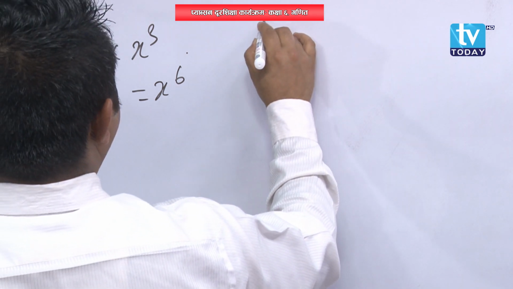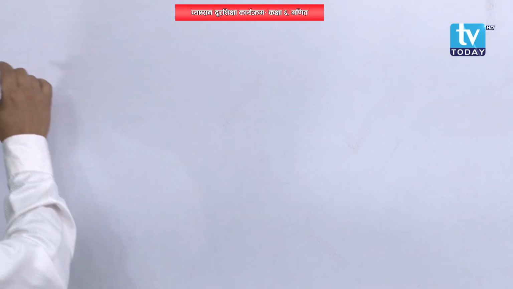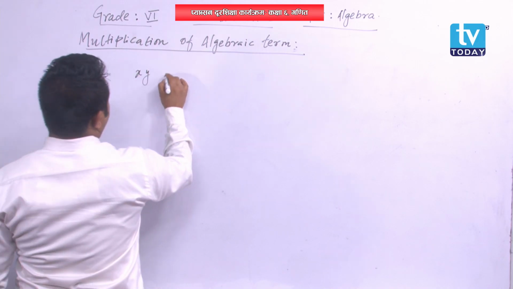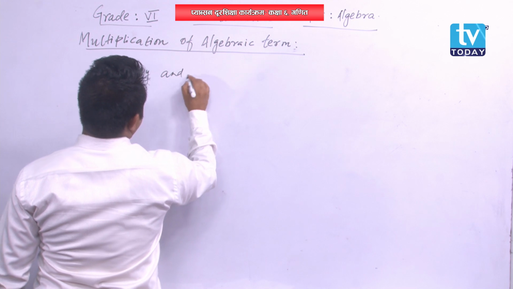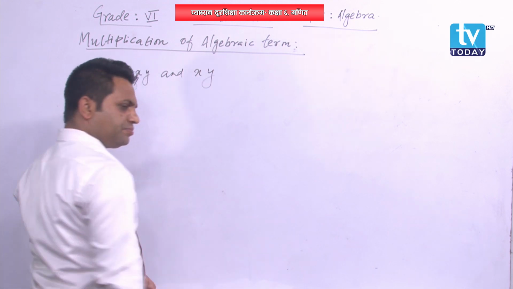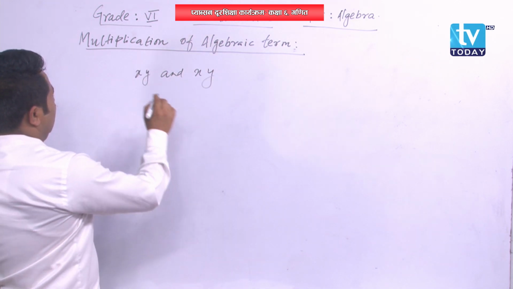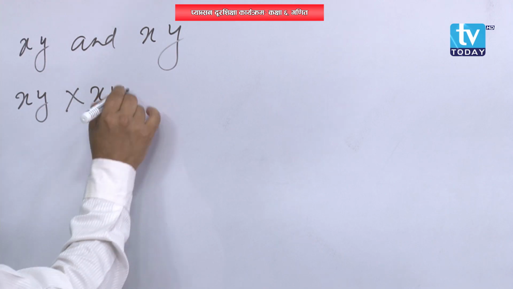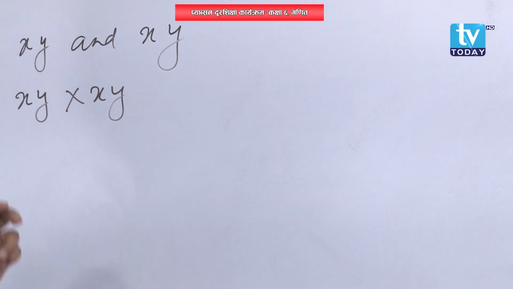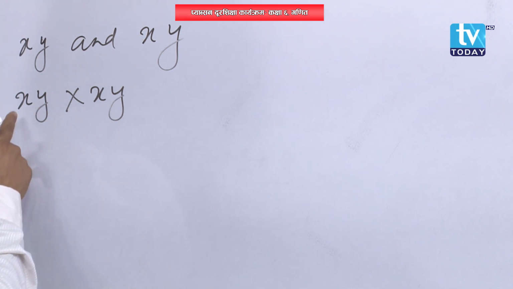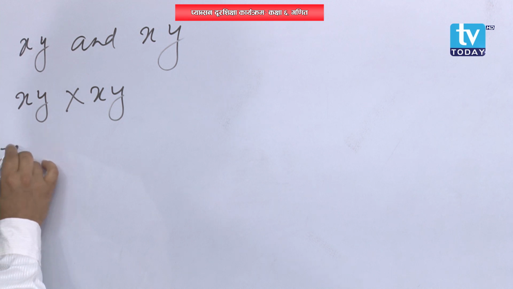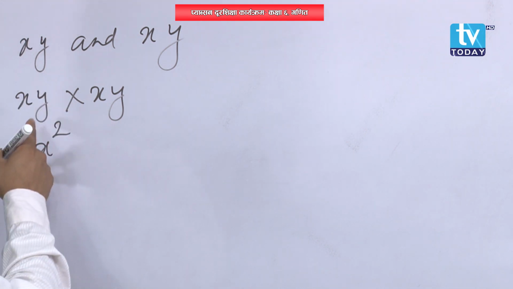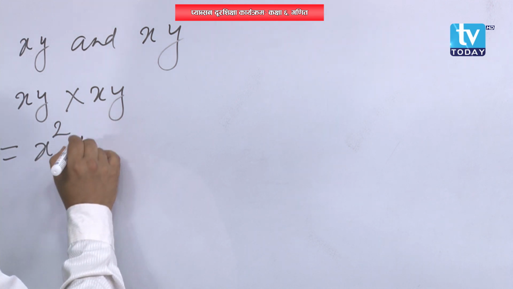Suppose we write xy and multiply xy and xy. Here xy into xy, we have to do multiplication. Now see here, x into x will be x square. Directly you can also write y into y, y square.